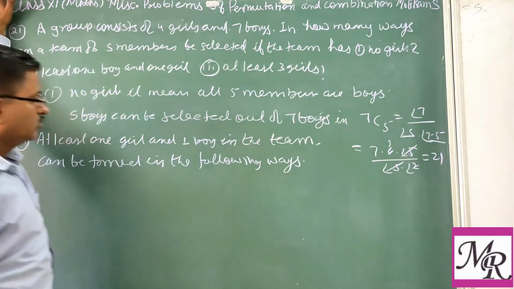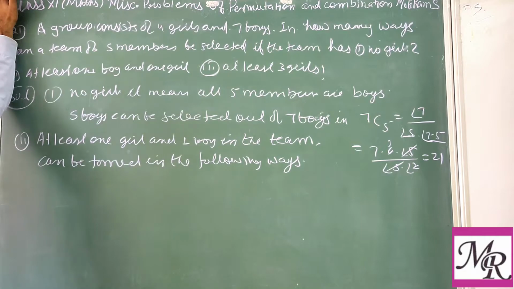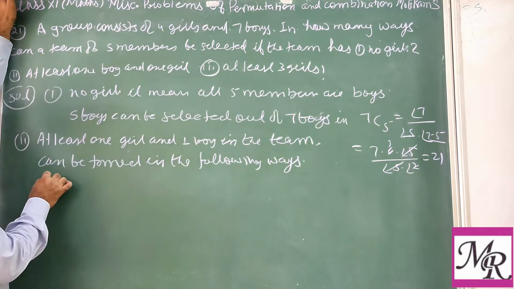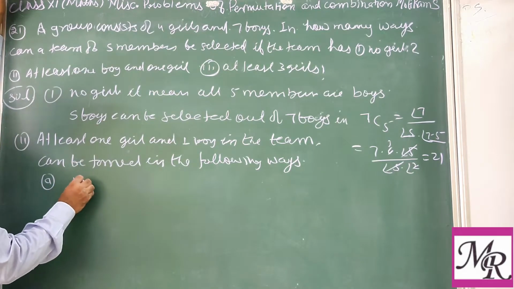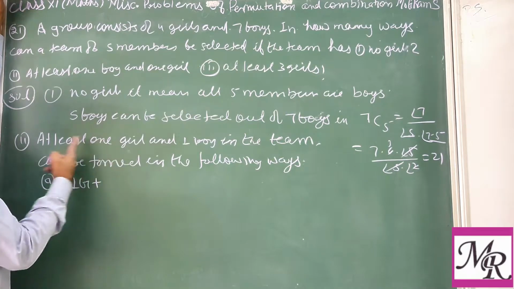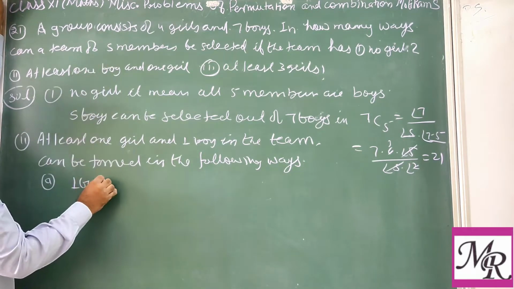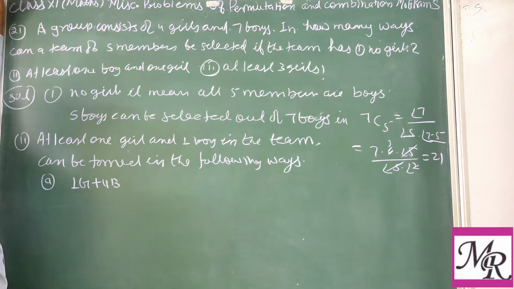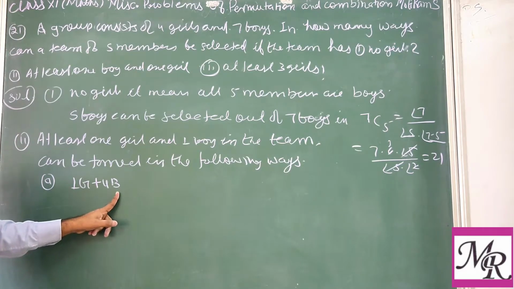Now we have to select a team in which at least 1 girl and 1 boy should be there. So there may be cases. Case one: 1 girl plus the remaining boys. If you take 1 girl, at least 1 we need, but we need 5 members, then 4 boys. So 1 girl plus 4 boys in total.